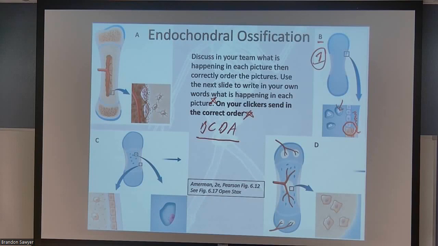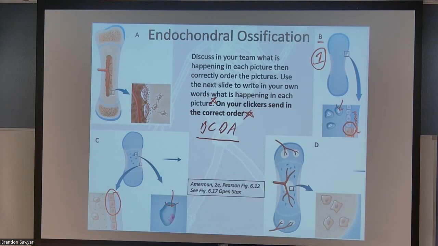And then you said that C was the next one, right? Now we can see that we pretty much have a full intact bone collar. But what is this trying to show? What kind of cell is that? And why is it looking like that? Yeah. Calcified cartilage. It's like a dead cartilage cell pretty much, right? It's a cartilage cell that's been cut off from its nutrients by that bone collar.